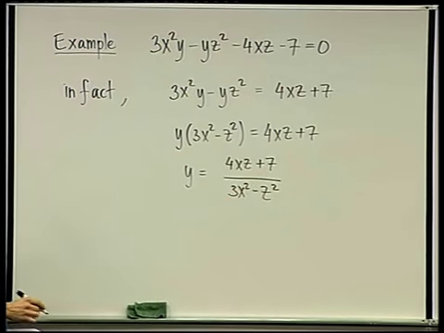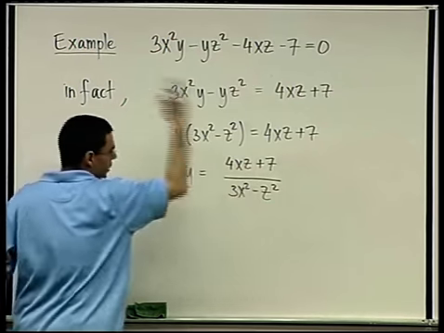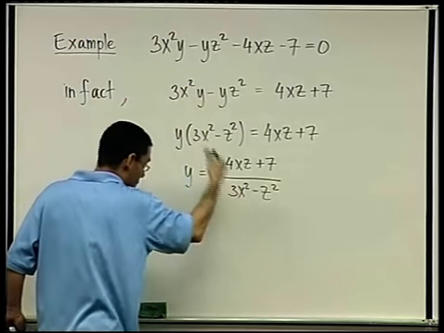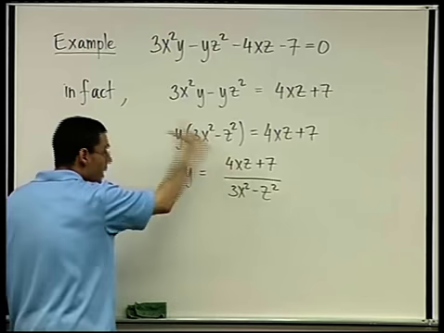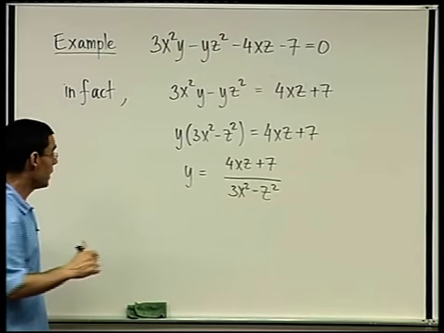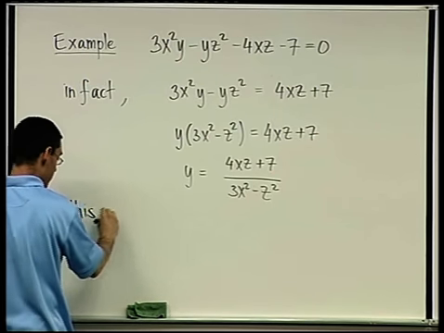Do you agree? Without the theorem we'll never get a formula, but in this case we can actually extract a concrete, an explicit, not an implicit, explicit formula for y as a function of x and z. Do you agree?